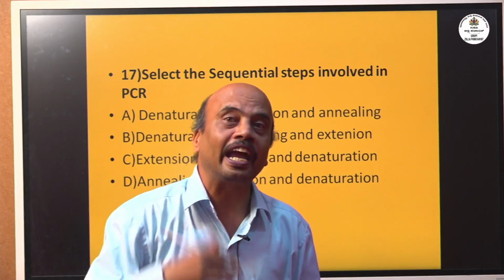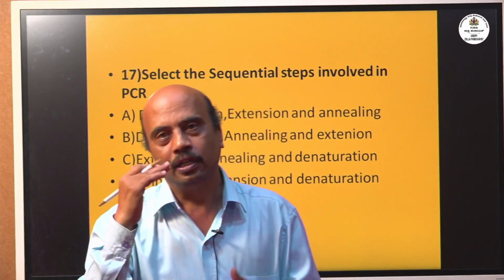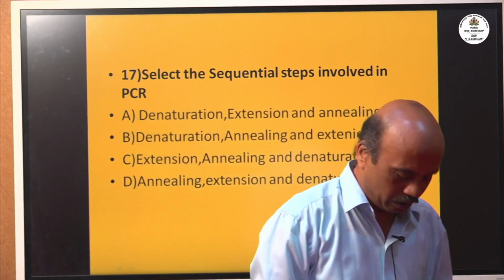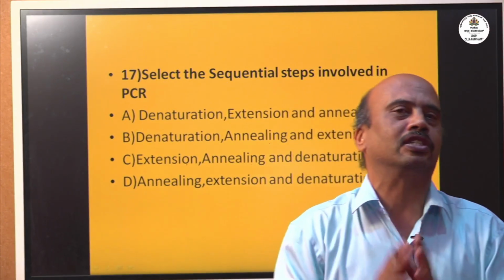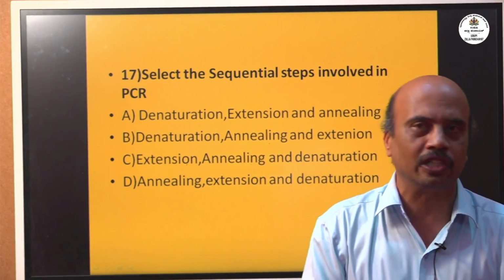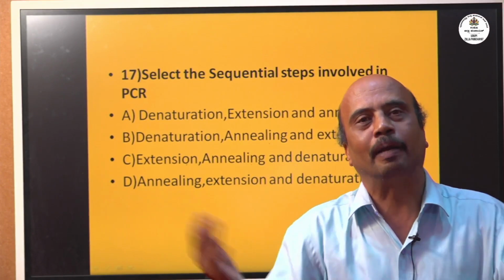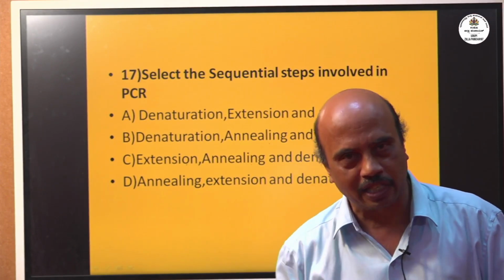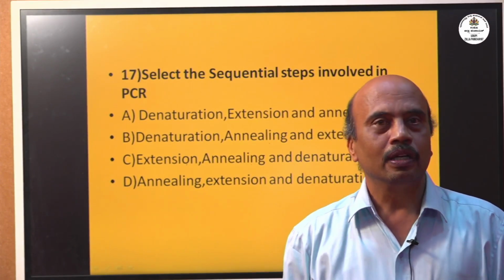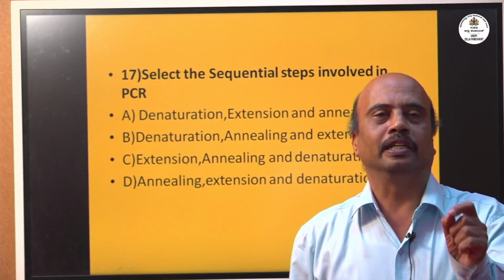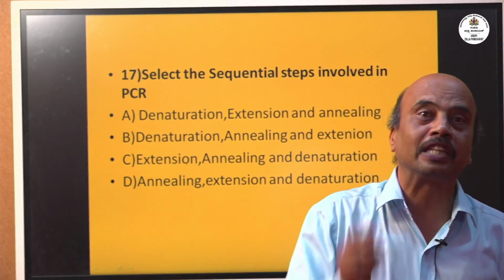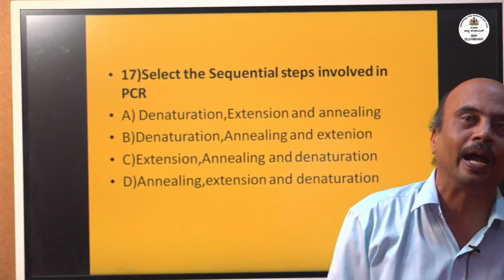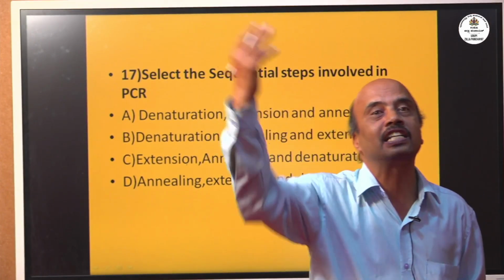That is called extension. But a very important thing that you have to remember is that the DNA polymerase that helps in the extension, polymerization, does not work at high temperature if ordinary DNA polymerase is taken. But there is a specific DNA polymerase that is taken from Thermus aquaticus, a bacteria that grows even at 100 degrees Celsius.